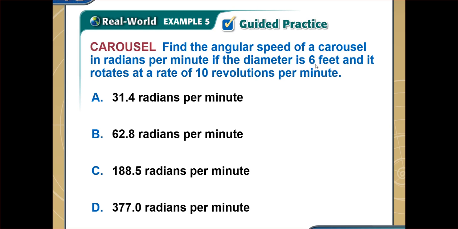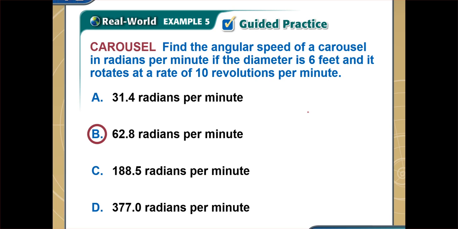Keep in mind that we only give you the diameter, so you have to find the radius, and you also have to convert the number of revolutions into radian. Given 2 pi radian is 1 revolution. The answer is 62.8 radian per minute.